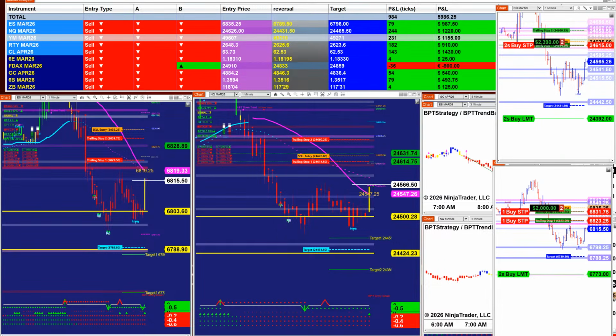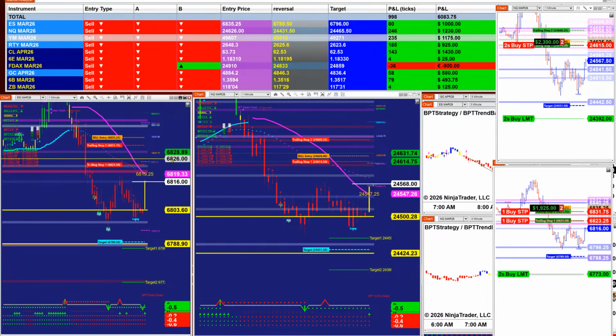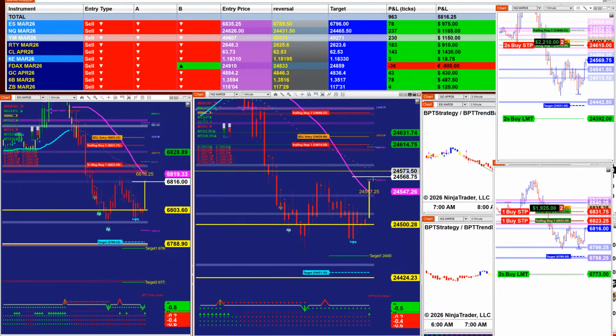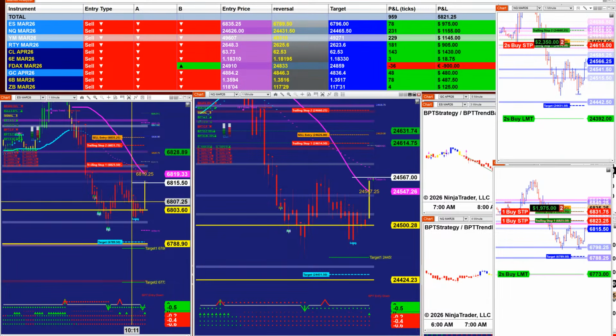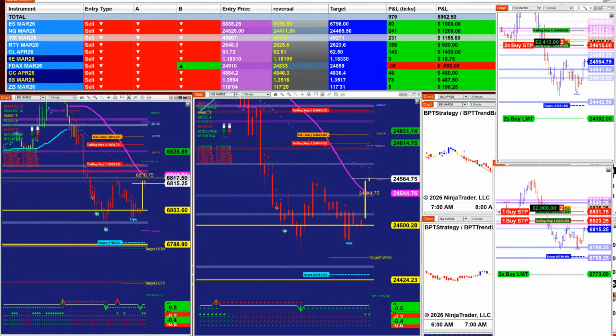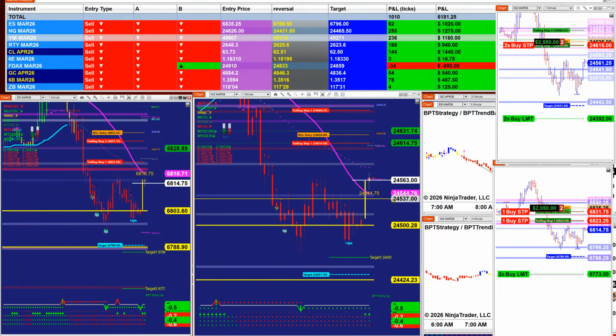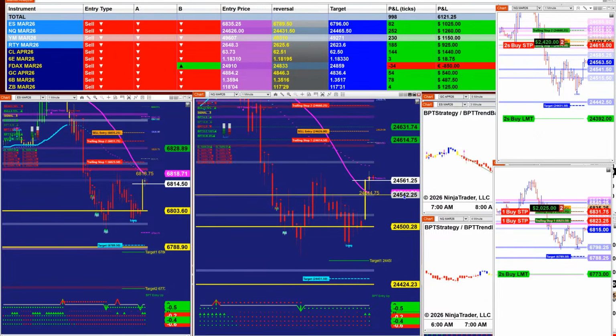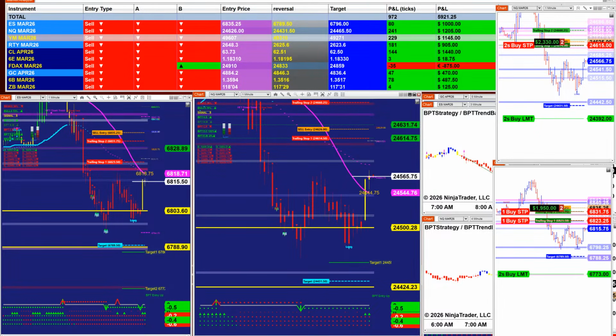You see this yellow number here, 6819. This is our re-entry short. And don't be fooled by the market going up like this. It's going backward.